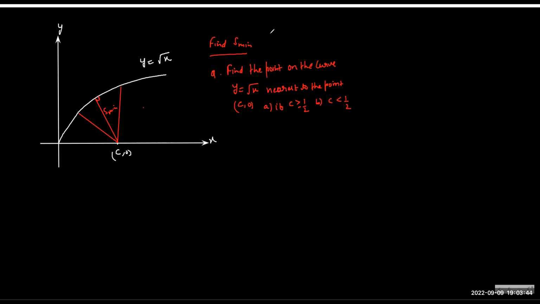Okay, so I'll give a hint. I will not solve. Take any random point, call it (x, y). But because y is root x, you can write it as (x, root x). This is the first step. Use the distance formula. S equals how much? Root of (x minus c) whole square plus (root x minus 0) whole square, isn't it?